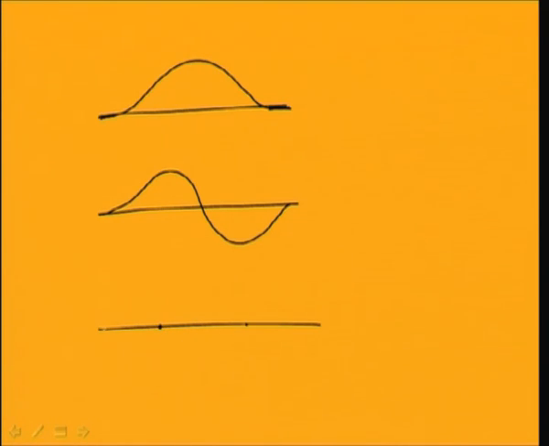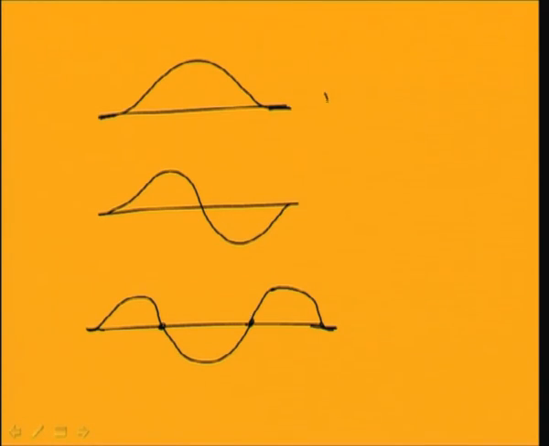In the beginning there will be no slope, and at the end also you will have 0 slope. In this case you have 2 nodes.